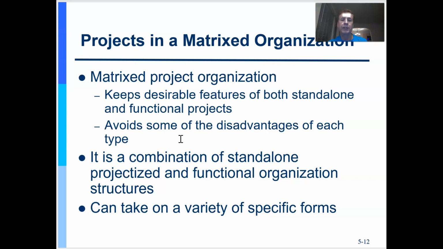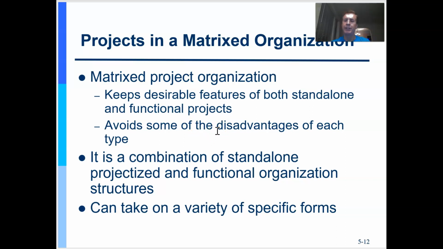A weak matrix will look most like a functional organization, where the functional manager has most of the authority. In a strong matrix organization, though you're still working with the functional manager, most of the authority will reside with the project manager.